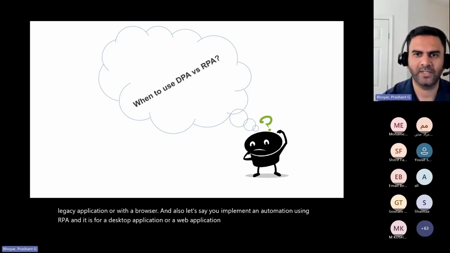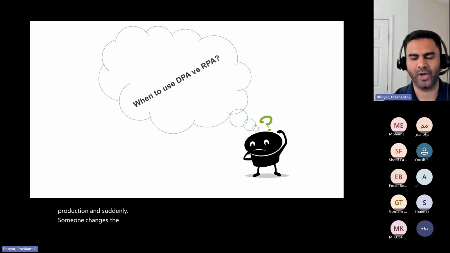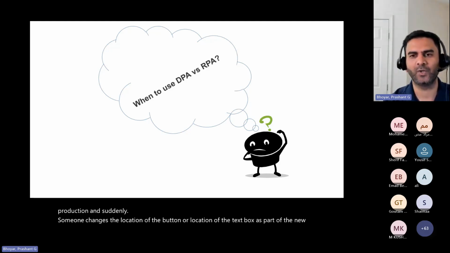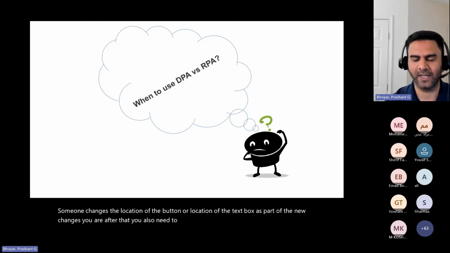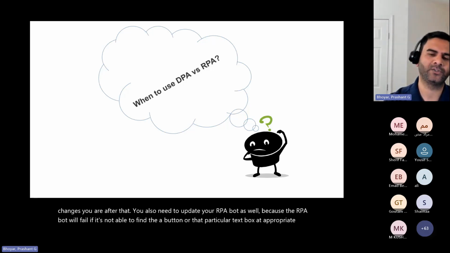Everything is working in production, and suddenly someone changes the location of the button or the location of the text box as part of new changes. After that, you also need to update your RPA bot as well, because the RPA bot will fail if it's not able to find a button or that particular text box at the appropriate location where it was originally created.